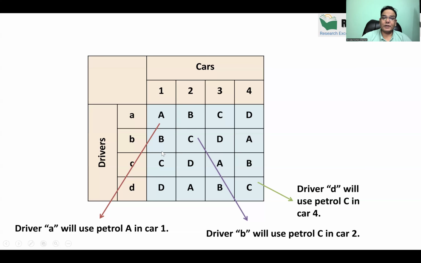So all the 16 possibilities we can measure like this. And then we will measure the mileage of each combination. For different combinations, you have to find out the mileage per kilometer. Then you can compare and find out which combination is the best.